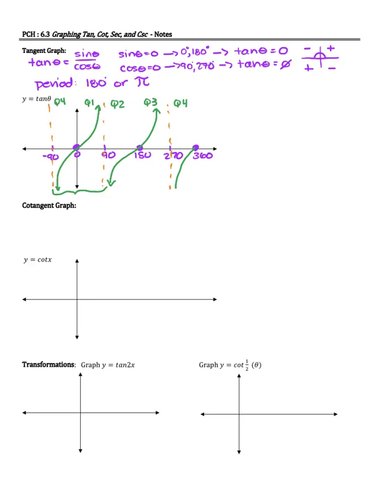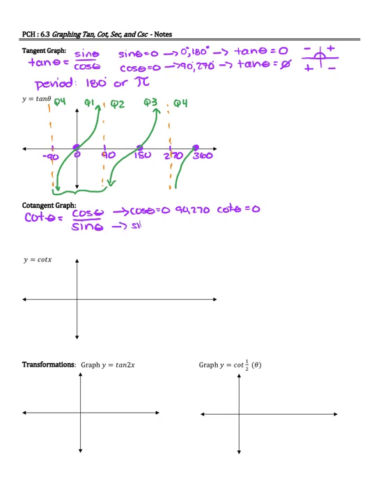Now your cotangent graph is very similar, except that now it's going to be cosine theta over sine theta, because it's the x over the y. So same thing is going to be true where cosine theta equals 0. That's going to be at 90 and 270. That means the cotangent will equal 0 there.